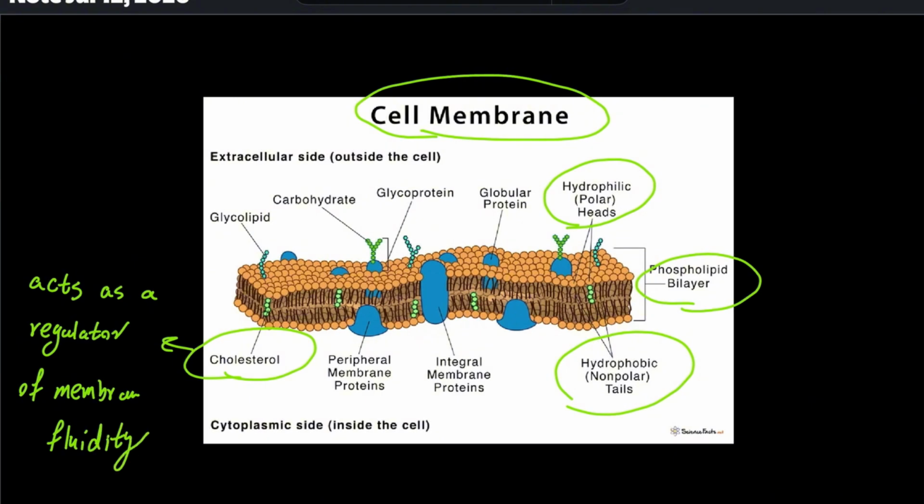At a high temperature, it restrains excessive movement of phospholipids, while at lower temperatures, it prevents the membrane from becoming too rigid. As a result, cholesterol helps maintain the proper consistency of the membrane under changing conditions.